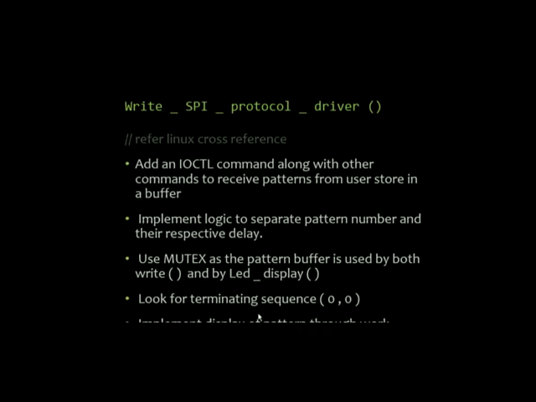As the pattern buffer is used by both the write function and the display function, we need to use a mutex to avoid any race condition. The program should also look for a terminating sequence, that is 0, 0. Therefore, whenever we receive 0, 0, the LED should turn off and there should be no LED glowing.